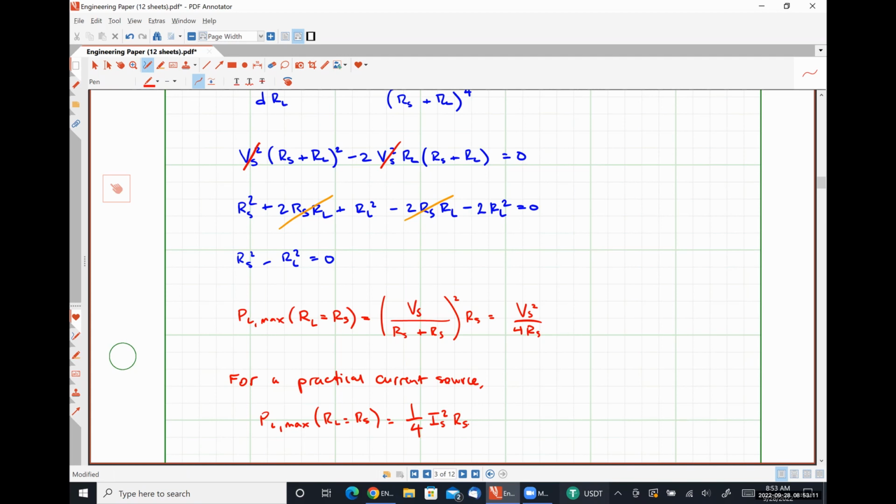We could either derive it, or we could simply say that Vs is equal to Is times Rs into our practical voltage source equation and get the exact same result, okay? So maximum power transfer always occurs when the load resistance is equal to the internal resistance of the practical source. And these are the equations that tell us what the value of that power will be.